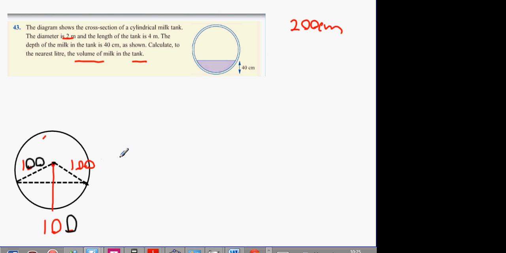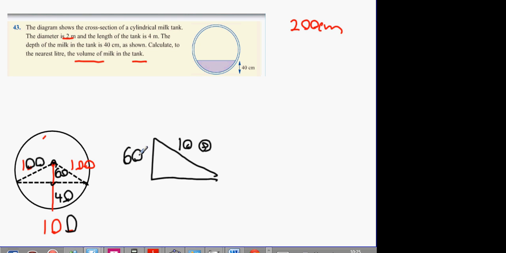Now, lads, what I know about this is it's 40 centimeters from here to here, which makes it 60 from there to there. I now have a right angled triangle. 100 is the hypotenuse, 60 is the other side.